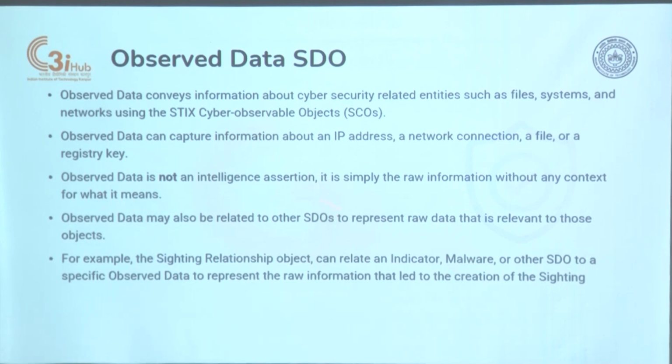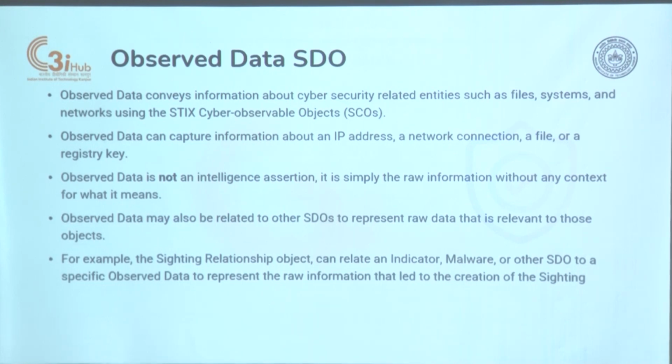So, observed data is not an intelligence assertion, simply raw information without any context for what it means. It has to be actually related to other objects. So, it can be related to other SDOs or SCOs, or through what we call a citing relationship. So, when you say this particular indicator was cited in this particular incident, then you can have a citing relationship.